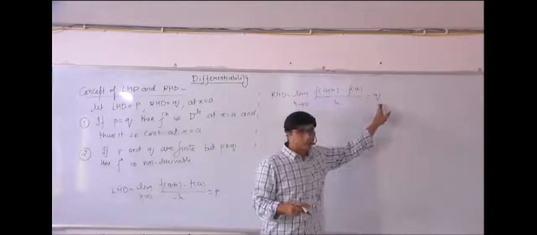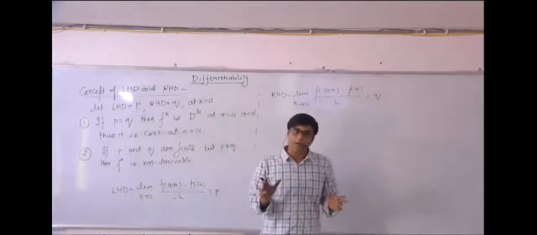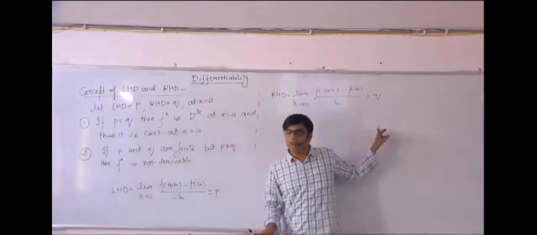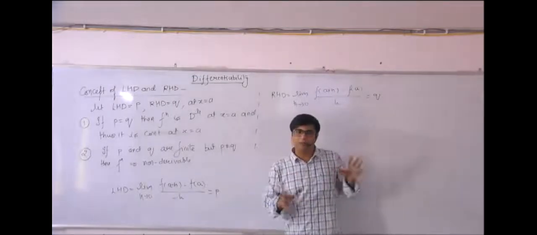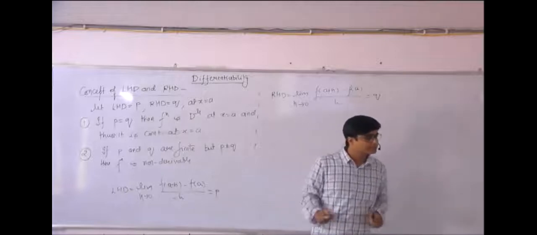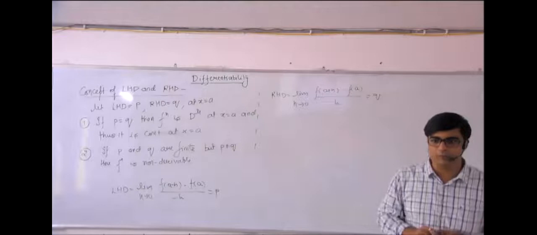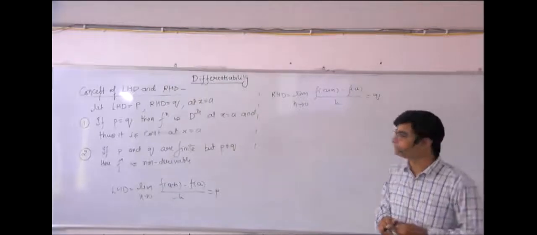How can we say that? Because it is given P and Q are finite, that means this P exists, yes or no? This Q exists. They are not equal, but they separately exist or not. That means if their denominator is tending to 0, numerator must individually tend to 0, yes or no?